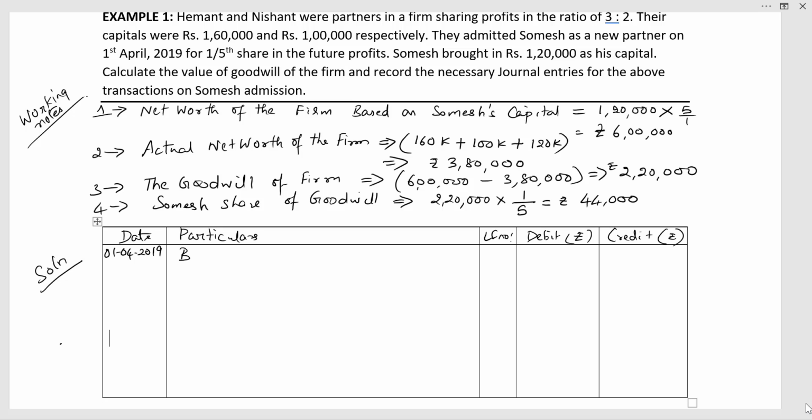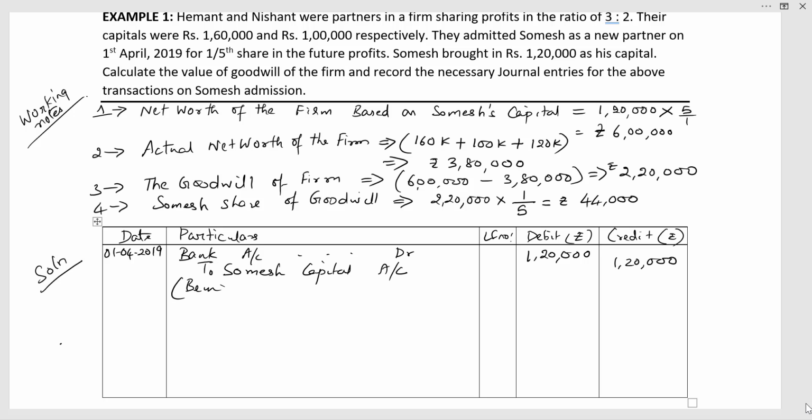The first entry is for the capital which is brought in by Somesh. Bank account debit to Somesh capital account. The capital which is brought in by him is rupees 1,20,000.